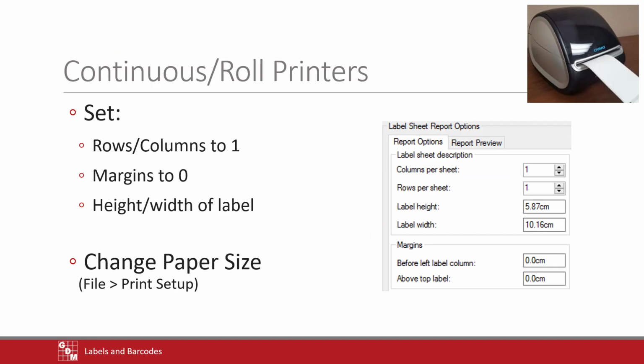So the key, we can still do this same idea with generating labels. We just have to tweak a little bit the format of the quote unquote report that we're generating. So in ARM, to make that work, we really just have one column and one row per page. And basically, we're going to treat this one label as the entire page.